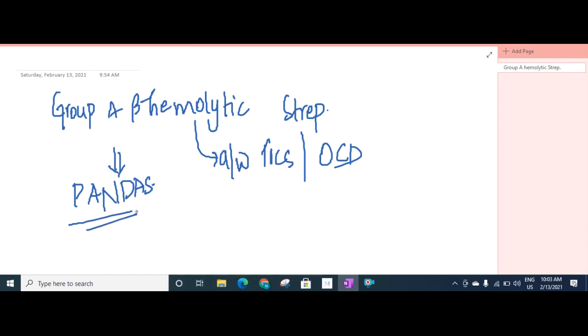PANDAS stands for pediatric autoimmune neuropsychiatric disorder associated with streptococcal infection.